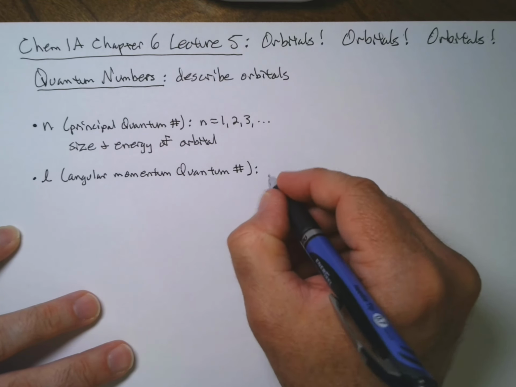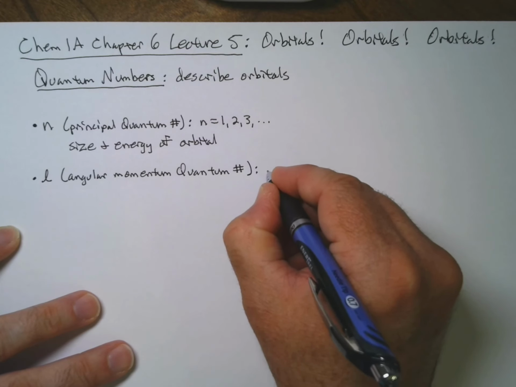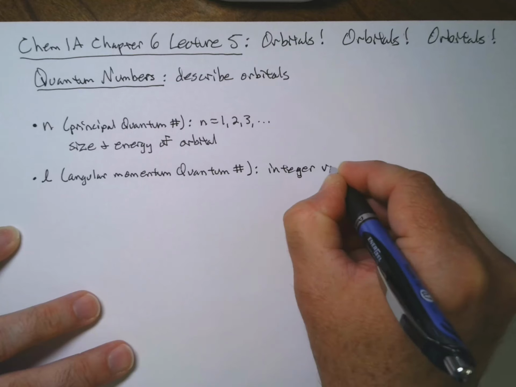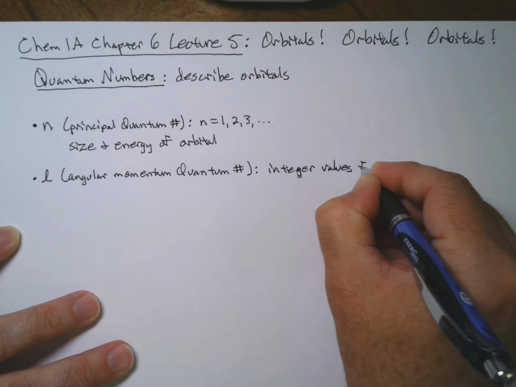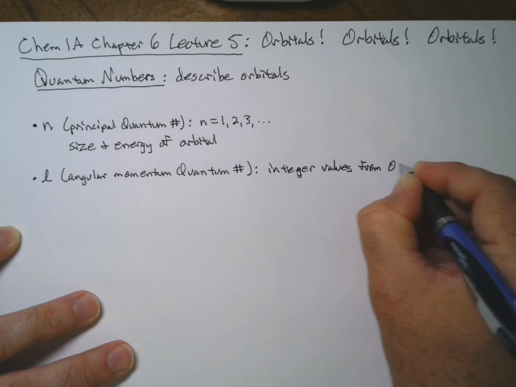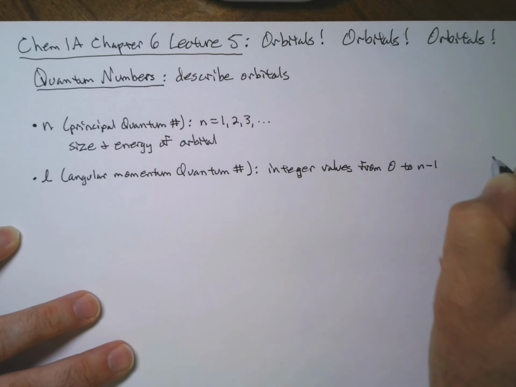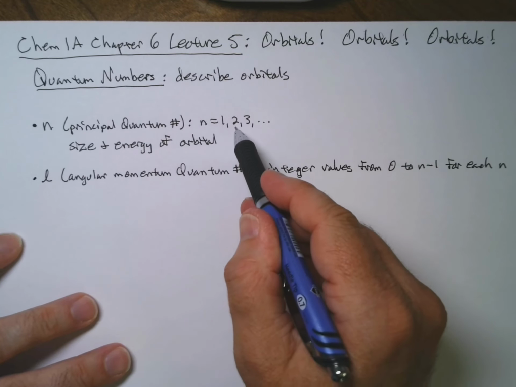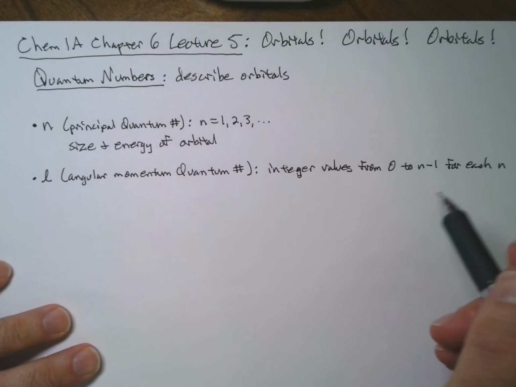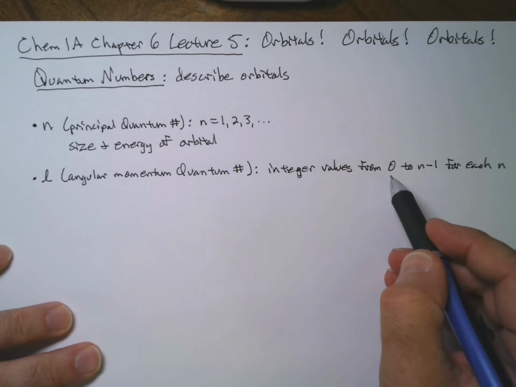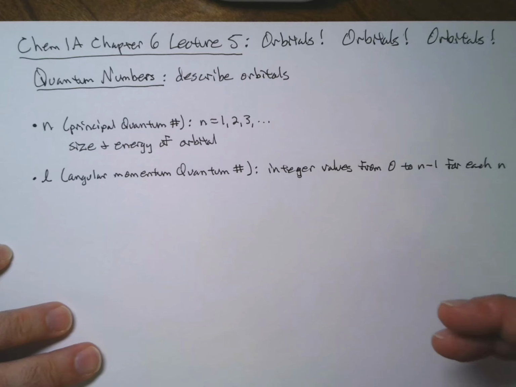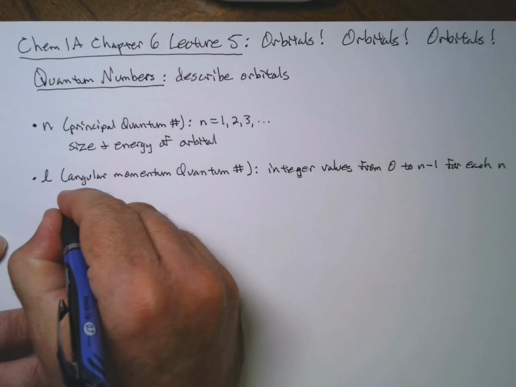So we will have, well, I'll just write that out here, integer values from 0 to n minus 1 for each n. So if we had n equals 2, we could then have L equals 0 or 1. And this is related to the shape of the orbital.